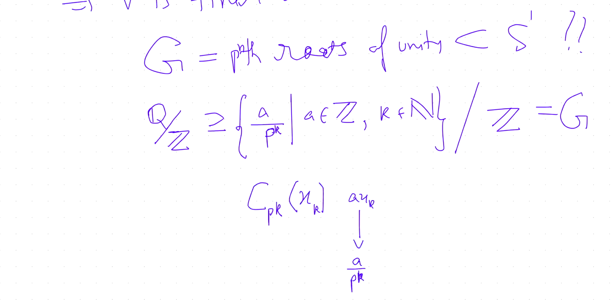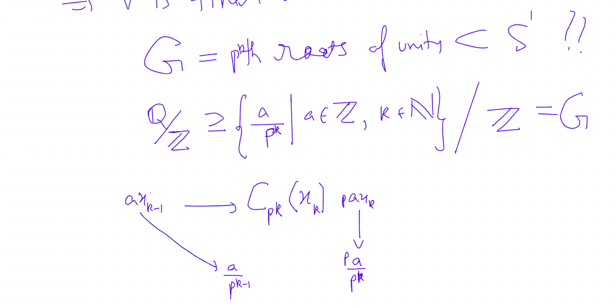And let's see if it commutes. If you take x^(k-1), then we will just map it to a over p^(k-1). And then it commutes. This maps to this, so this is correct, certainly.